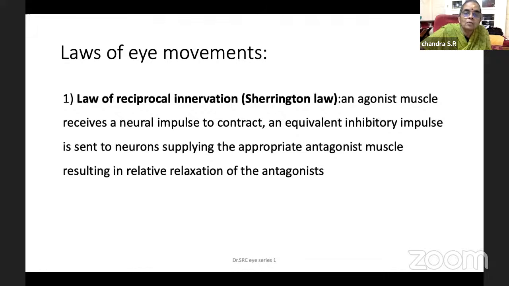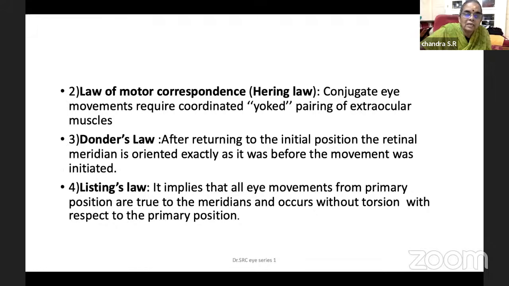Law of reciprocal innervation of Sherrington: when an agonist muscle receives a neural impulse to contract, an equivalent inhibitory impulse is sent to the neuron supplying the appropriate antagonist muscle, resulting in relative relaxation of the antagonist. So when an agonist receives an impulse to act, the antagonist receives an impulse to inhibit. So that is Sherrington's law of reciprocal innervation. This can fail. That results in some conditions.